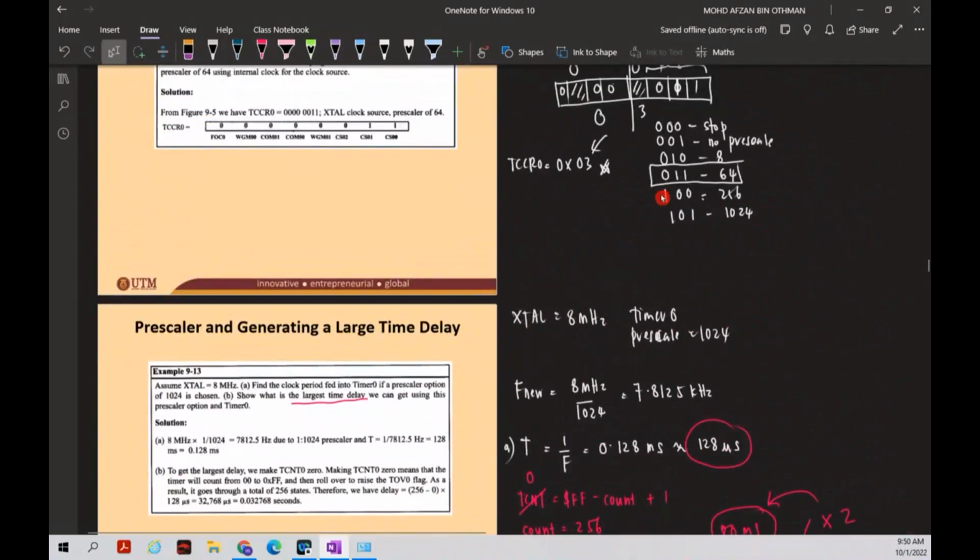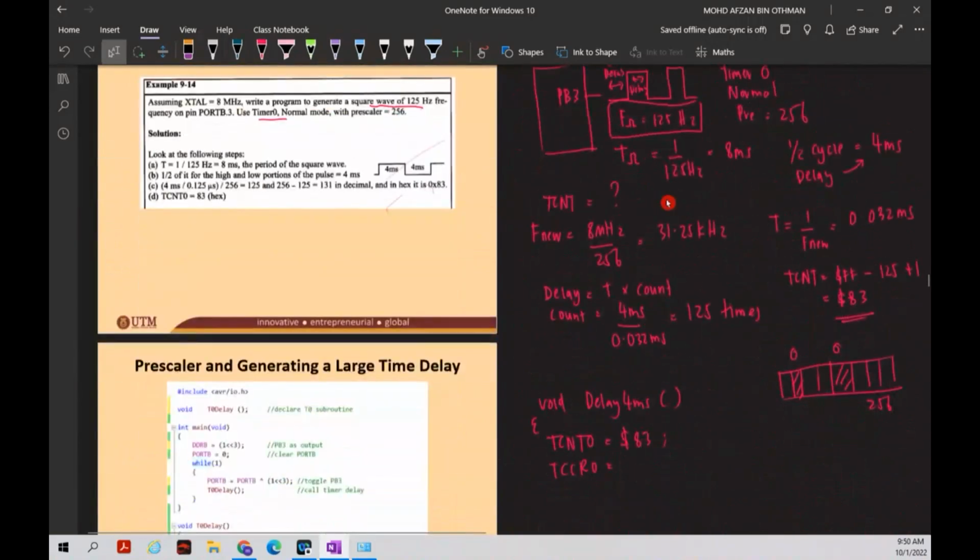This is the value you put on the prescale bits. So 100 and the rest you put 0, and change this to hexadecimal representation, and you will get 04. You can put 0x04, or the dollar sign symbol, which is the same.